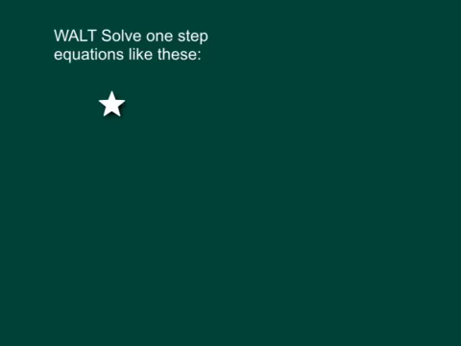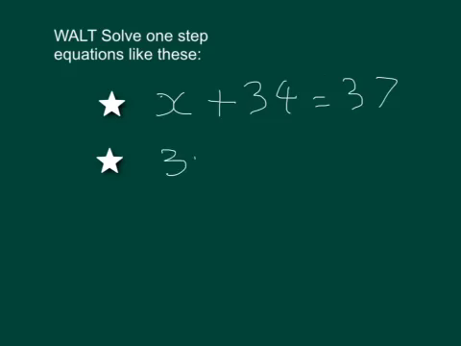Okay, so the first one looks like this: x plus 34 equals 37. The second one is this one here: 3x equals 15.